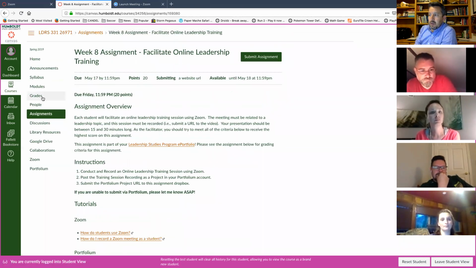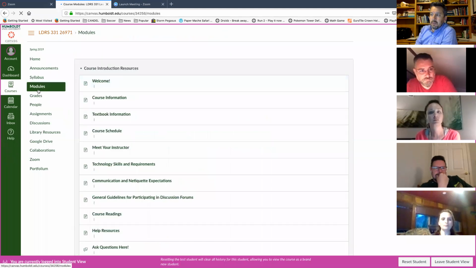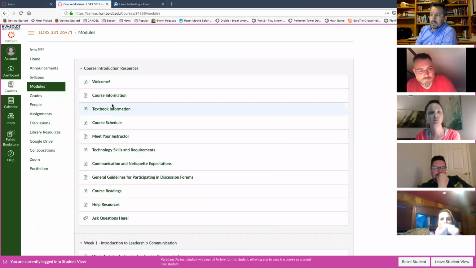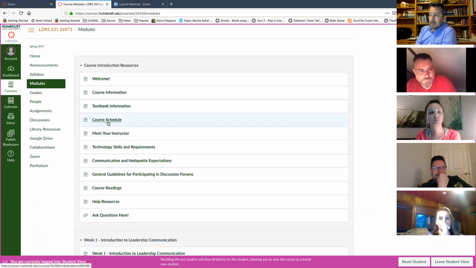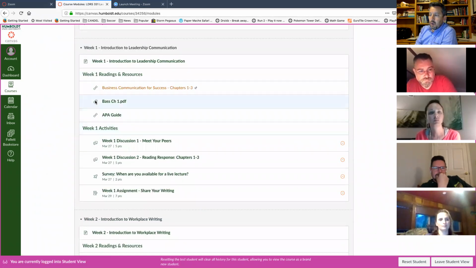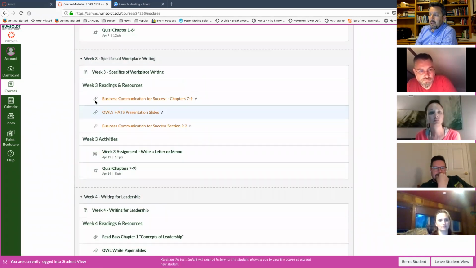So those are the two signature assignments. Let's take a look at the sign-up sheet. So you'll notice this is how I usually get to a place in the course, I just go to the modules, and you can get to week 1, week 2, week 3, whatever you need to do.